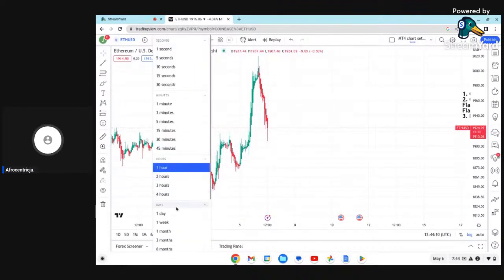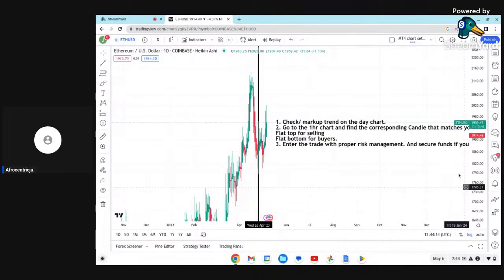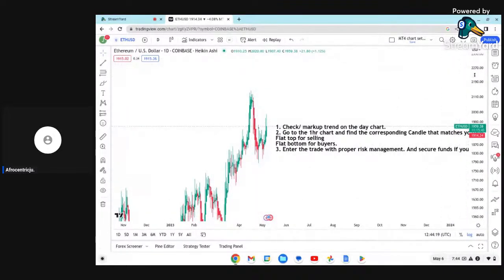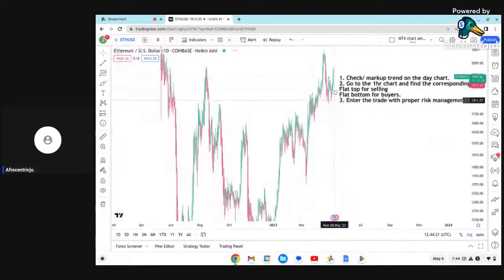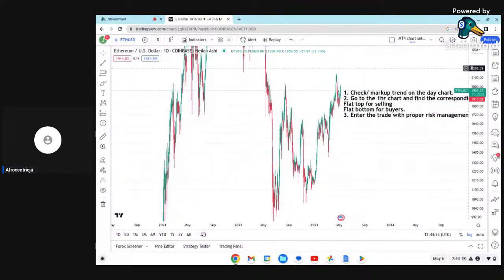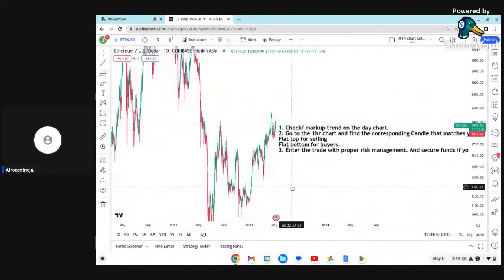I want to go to the day chart first, because the first rule is going to your day chart. Like I said, the first step is to go to your day chart and then mark up your day chart trend.